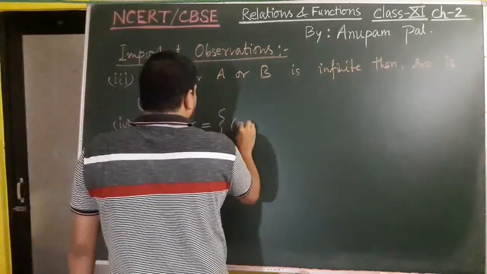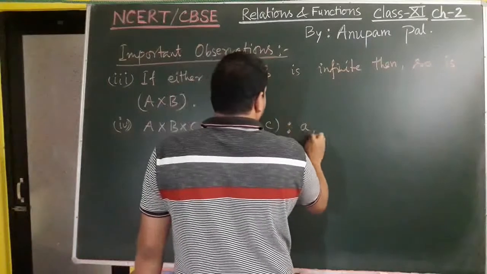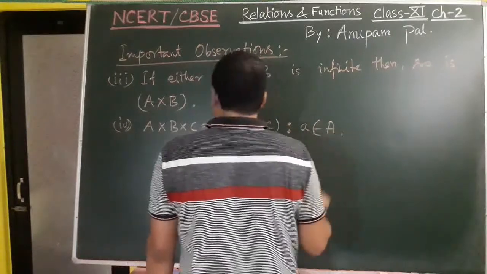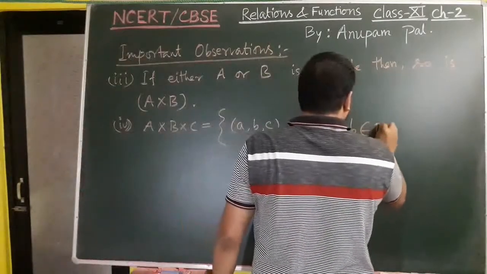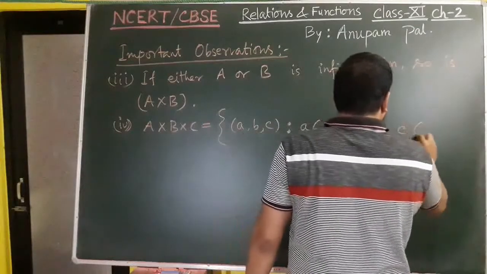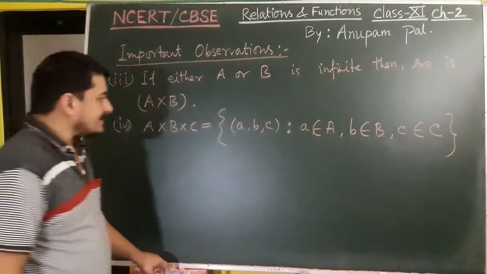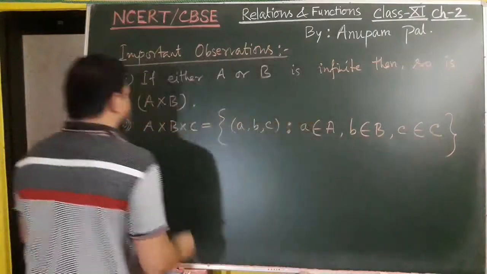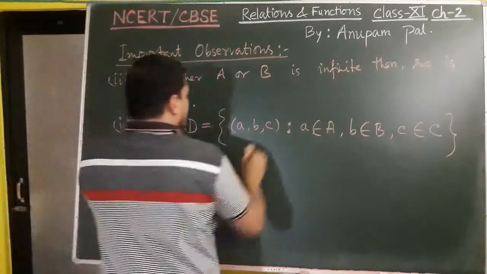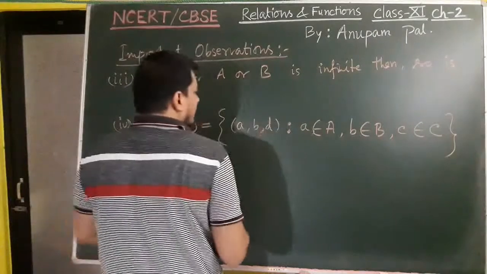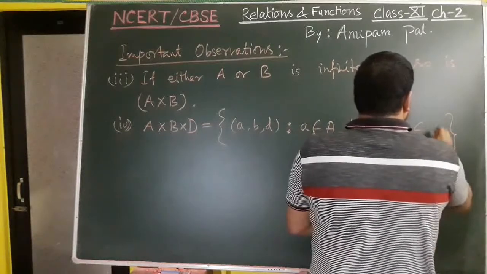It will be (a, b, c) such that a will be a member of set A, then b, the second element, will be a member of set B, then c will be a member of set C. I think this is small c and this is capital C, so let me use D for the set instead.